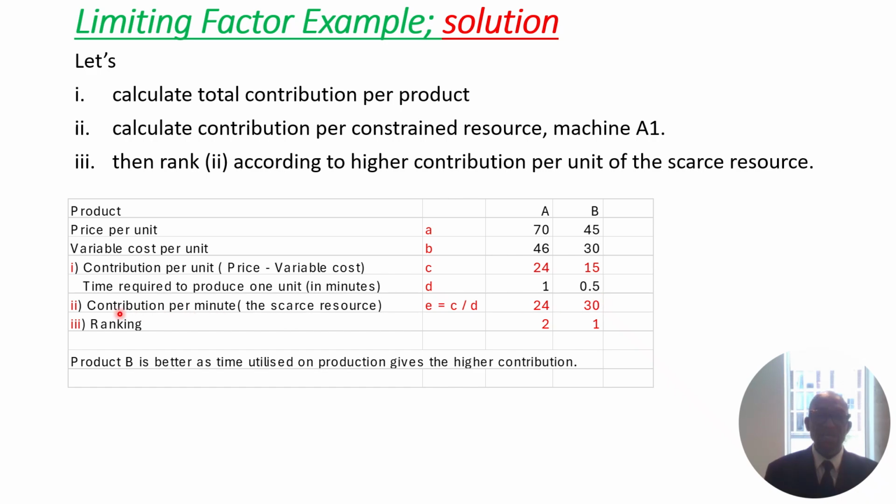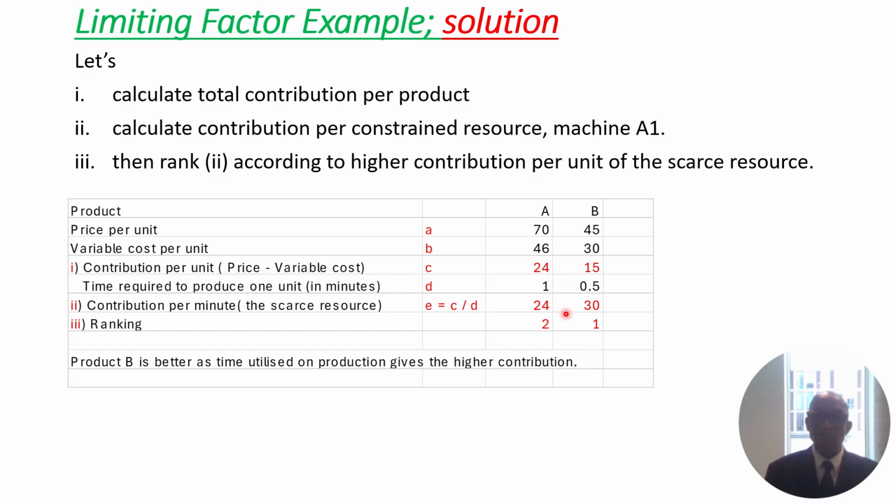Now to derive the contribution per limiting factor per minute, we have to divide C by D. So total contribution per unit, which is 24, divided by 1.